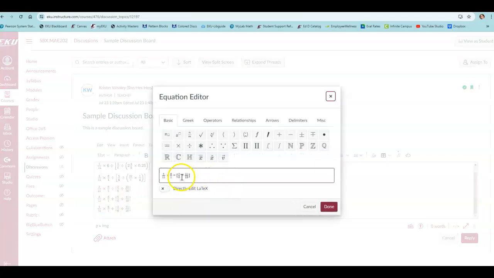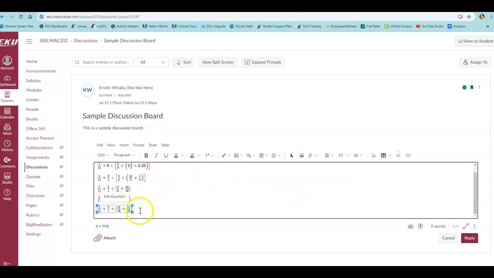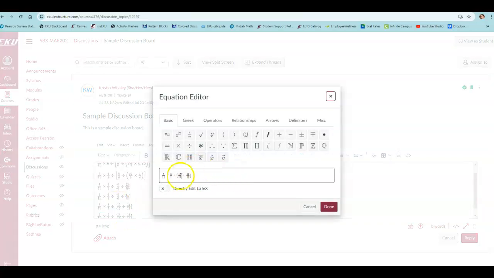So between 6 and 18, the common denominator would be 18. So if I multiply both the top and the bottom of 5/6 by 3, that should do it. So 5 times 3 is 15, and 6 times 3 is 18. And now I've got a common denominator. And so what I would do then is simply divide my numerators and divide my denominators.